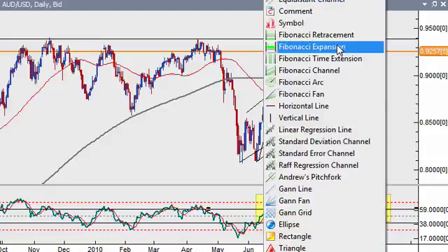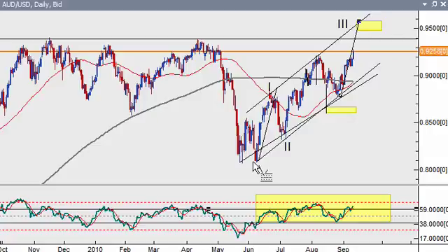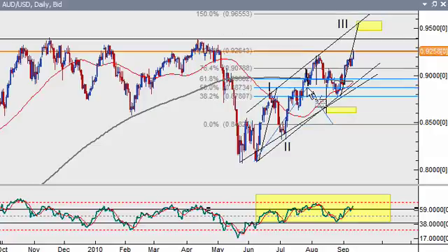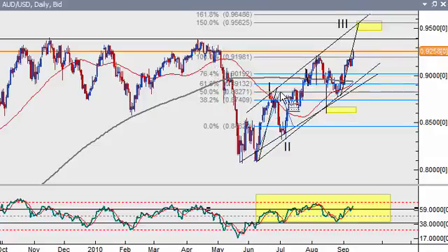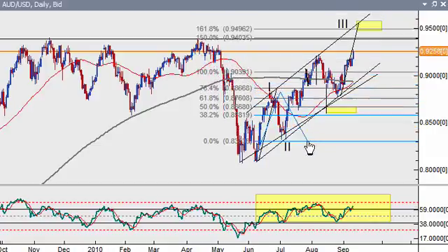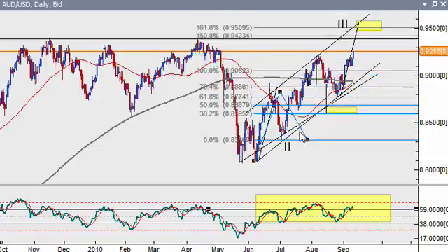So that's actually a conservative projection, and using this Fibonacci expansion, we measure this first swing and the retracement to the first swing, and then the rest of this projection, when it goes up to 150 or 61.8%, is at the 0.9420 to 0.95 area. So this is a logical area for resistance and for this swing to target.